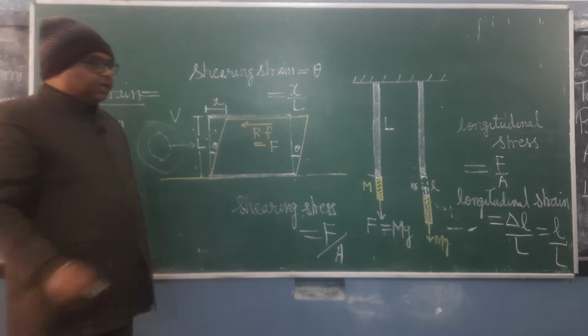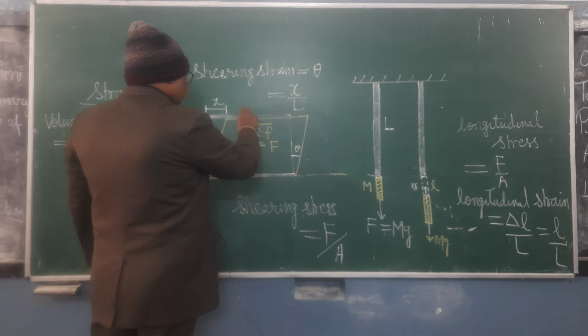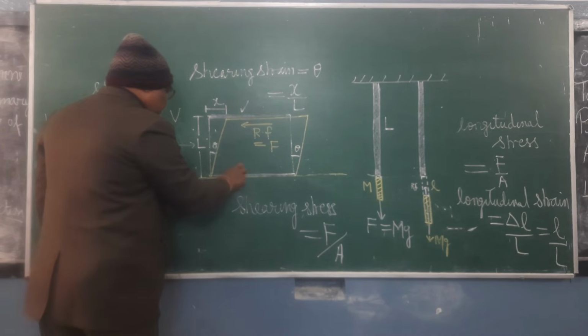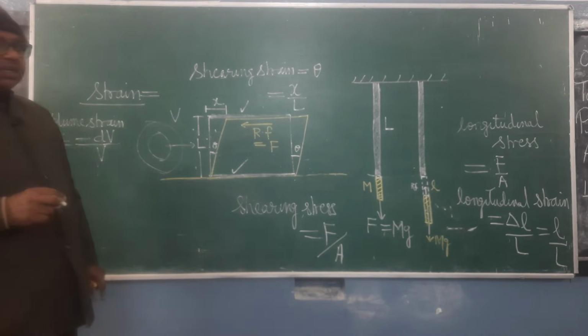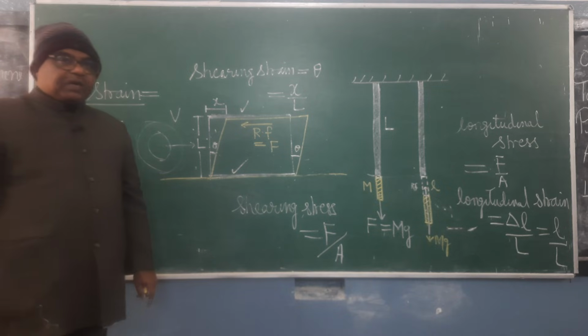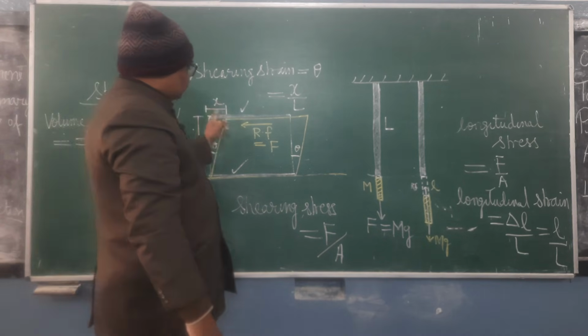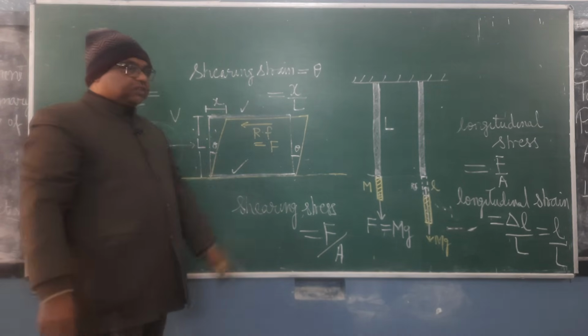And capital L is the perpendicular distance between the movable surface and the fixed surface.